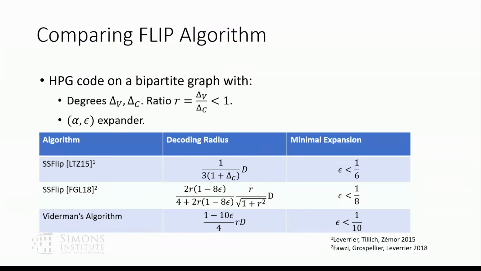So we need our graph to be a better expander than for the flip algorithm, which is unlike the classical setting where Viderman requires less expansion. We get a decoding radius which is incomparable to this one, because the more balanced the underlying graph is, the better this expression is. And the more expanding and unbalanced the graph is, the better this one does. So these are incomparable in terms of decoding radii.